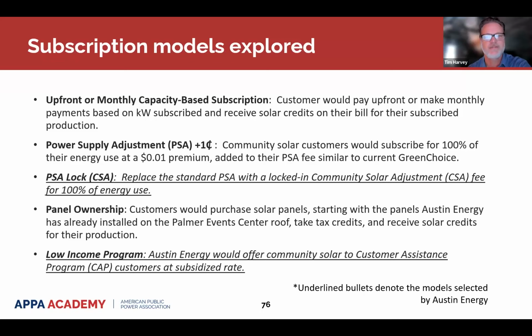It's always a premium, just a floating adder on top of the power supply adjustment. That program has a lot of subscription to it, but what it doesn't have is low income subscription. Practically no low income customer wants to pay more on their electric bill. And so that was the reason that we didn't move forward with that model.